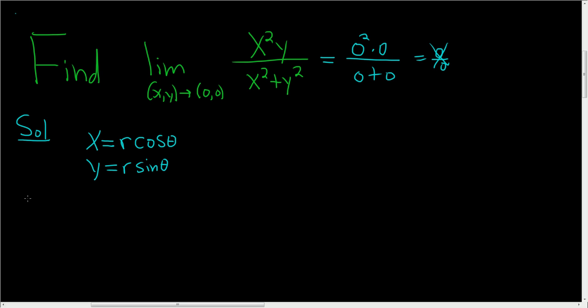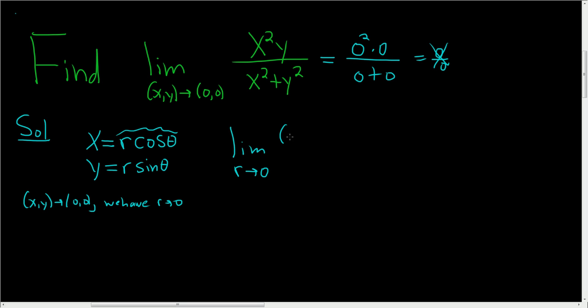And notice that as x and y both approach 0, we have r approaching 0 as well. So we can replace x and y approaching (0, 0) with r approaching 0, and then replace every copy of x with r cosine theta.